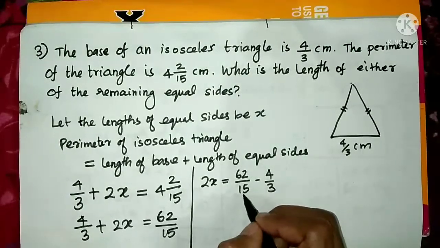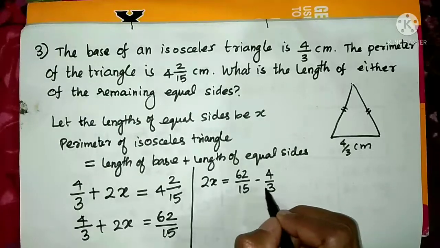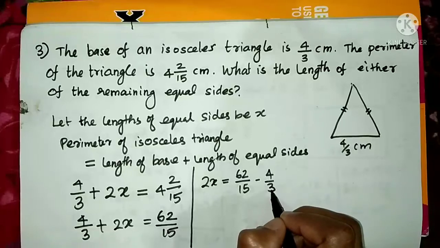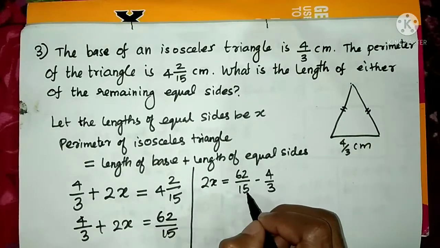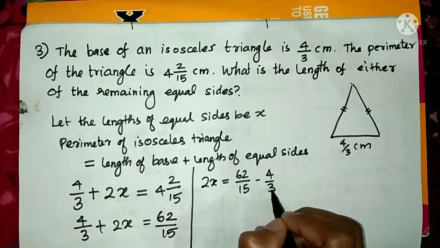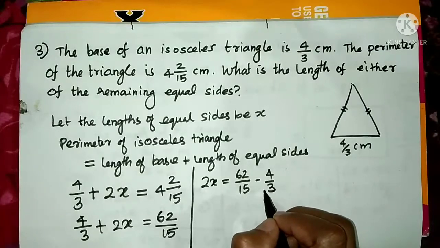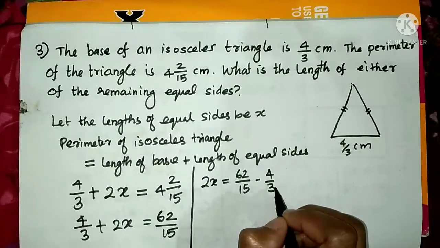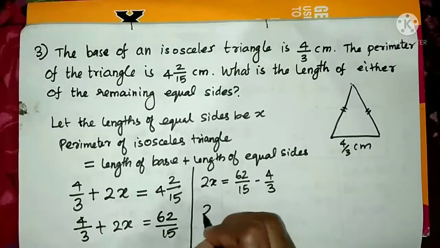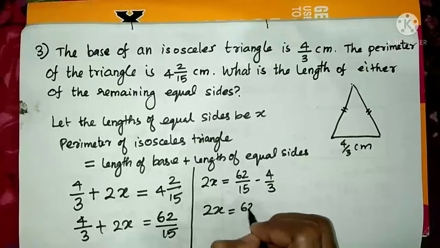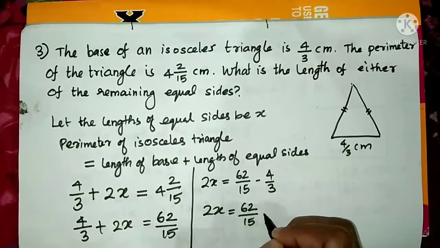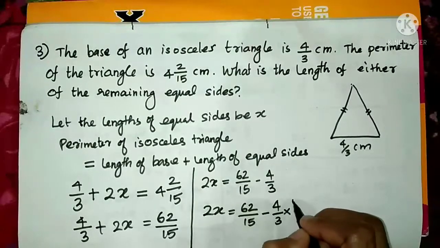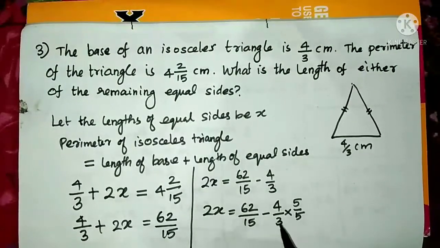Here we are not going to do cross multiplication. Here we are going to change this 3 as 15, so we get equal denominators. How can we change this 3 as 15? When we multiply by 5. So 2x is equal to 62 upon 15 minus 4 upon 3 into 5 upon 5.